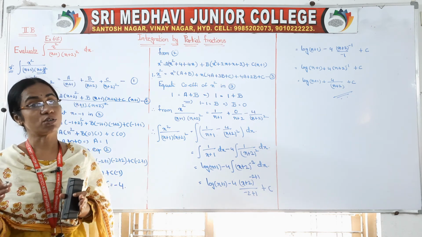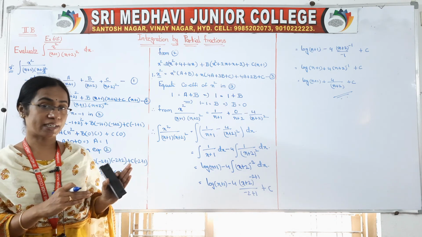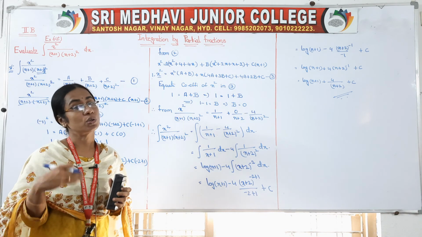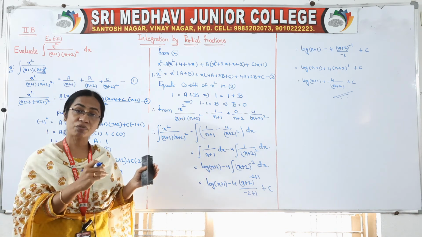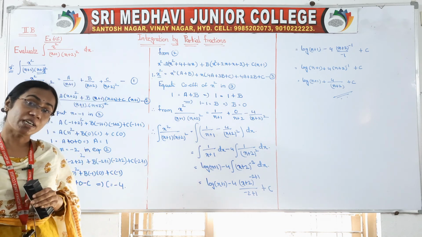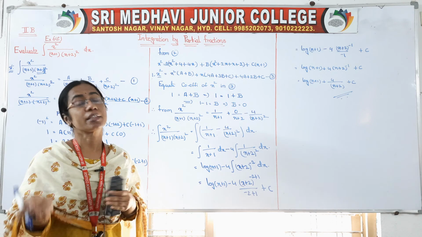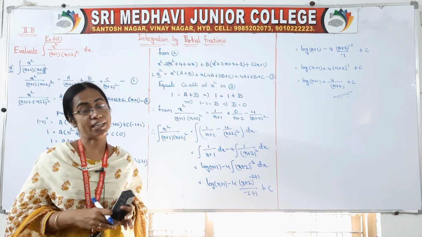First resolve them into partial fractions, then apply your integral, and then you will get your answer. Tomorrow, if any irreducible factor is there along with the linear factors, how we have to resolve it and solve that integral problem, we will discuss tomorrow.